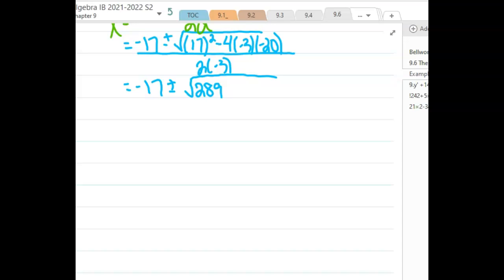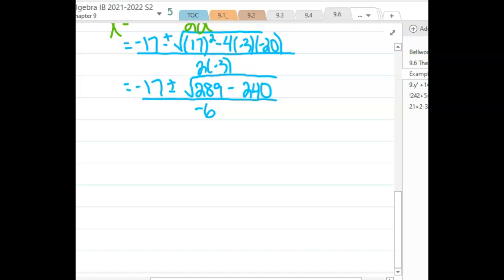You're multiplying negative 4 times a negative 3 times another negative 20. If you multiply 3 negatives together, what kind of answer do you get? You get a negative. 4 times 3 is 12. 12 times 20 is going to be 240. All over 2 times negative 3 gives me negative 6.